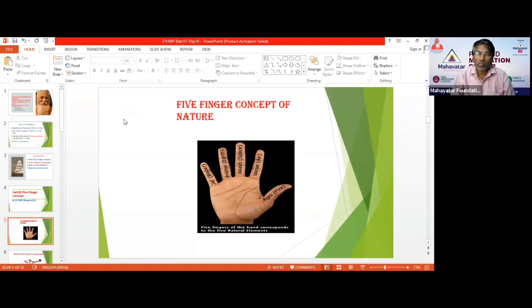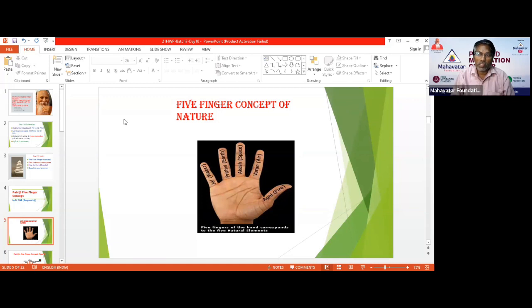If I find the earth element is imbalanced and I want to balance it, I will practice Prithvi Mudra. If I practice Prithvi Mudra, it will balance the earth element. Likewise, using this, we try to balance all the five Panchabhutas, five elements, in our physical body.